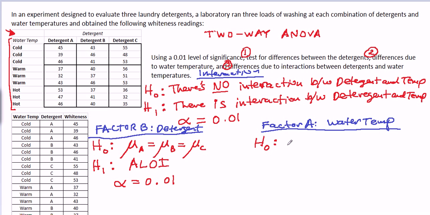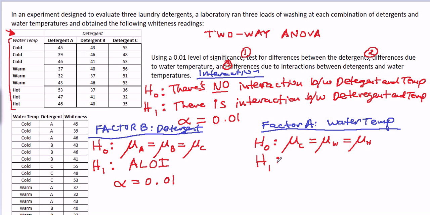That all the different types of water temperature, and there are 3, produce the same average whiteness reading. So mu of water temperature cold is equal to mu of water temperature warm is equal to mu of water temperature high. Remember, mu is the population mean, the true mean. So all 3 water temperatures have the same results, whiteness reading.